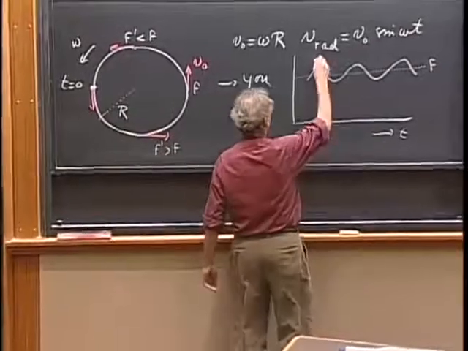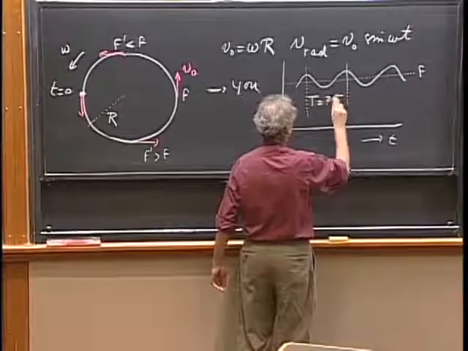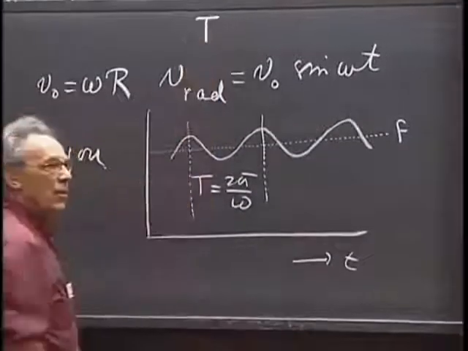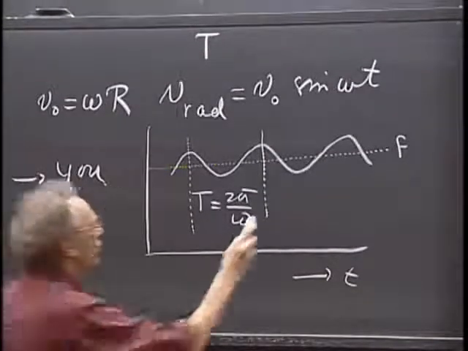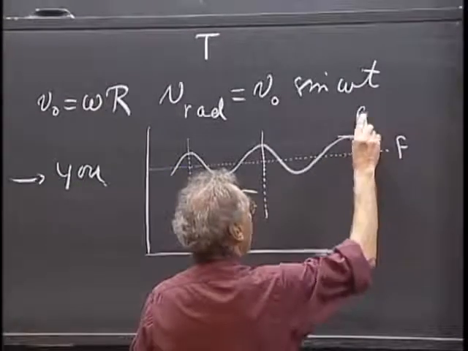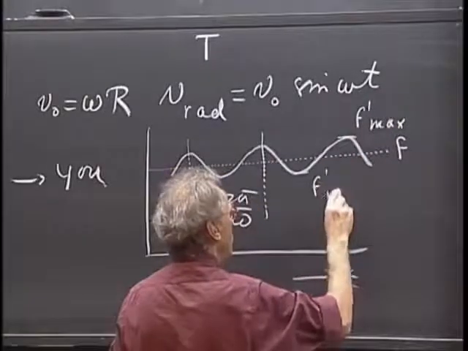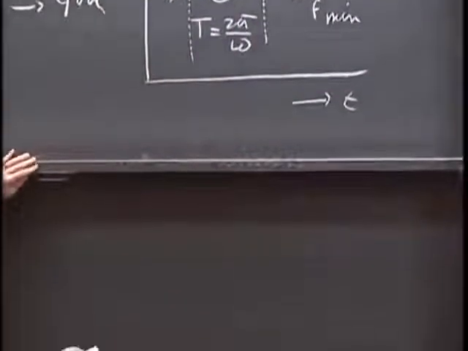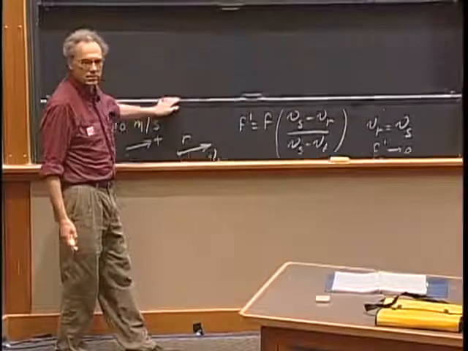The first thing that you learn from it is the period T, which is 2 pi divided by omega. So you know the period of rotation, you know omega. But you also record what f prime maximum is, and you also record f prime minimum. And so with the Doppler shift equation that we have here, you can immediately calculate what v0 is.